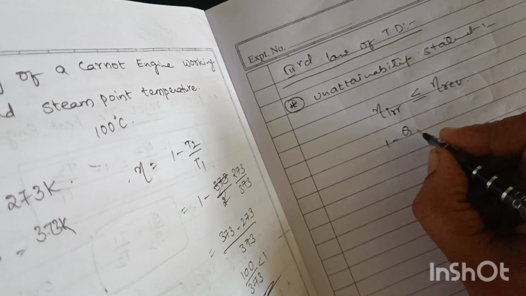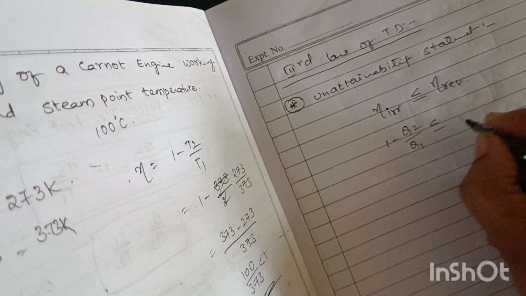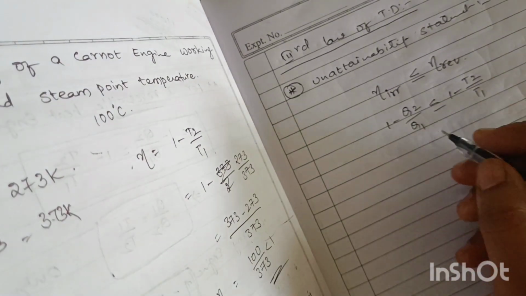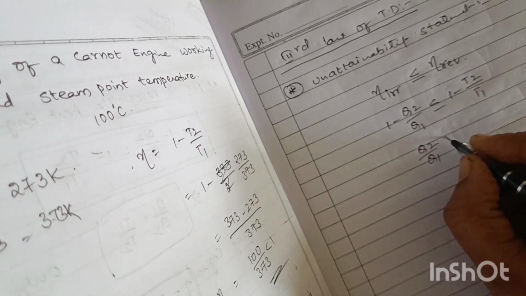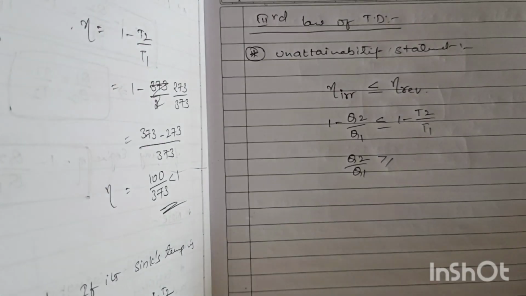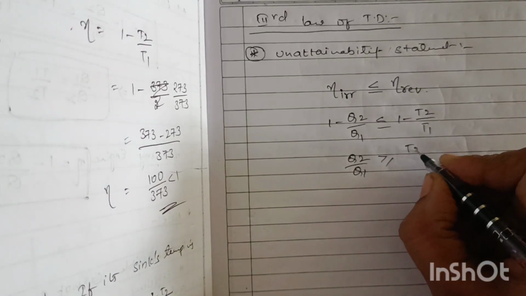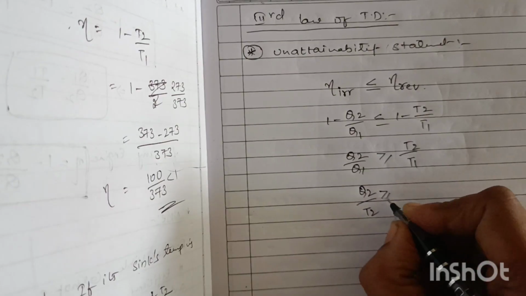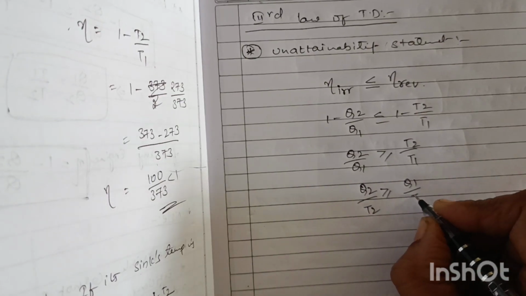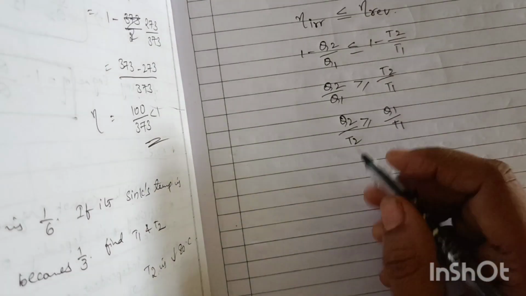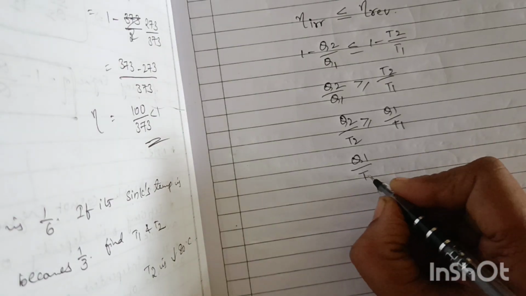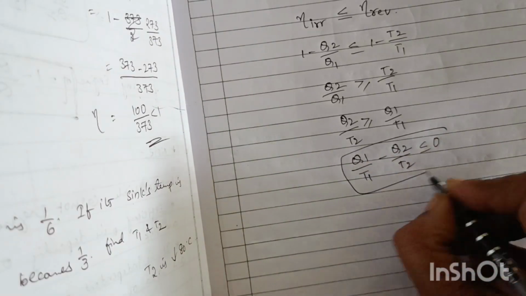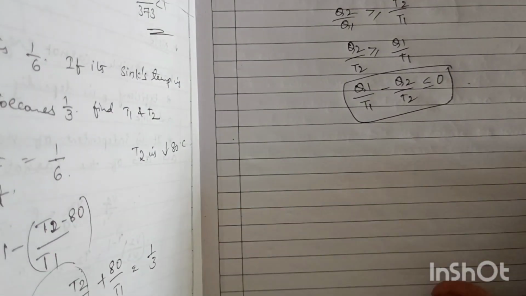So here eta is 1 minus Q2 by Q1, that is less than or equal to 1 minus T2 by T1, so that Q2 by Q1 is greater than or equal to T2 by T1, or Q2 by T2 is greater than or equal to Q1 by T1, or we can write here Q1 by T1 minus Q2 by T2 is less than or equal to 0. Okay, this is Carnot's theorem.